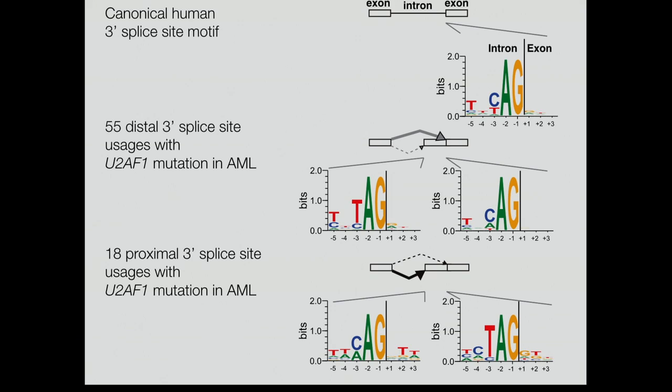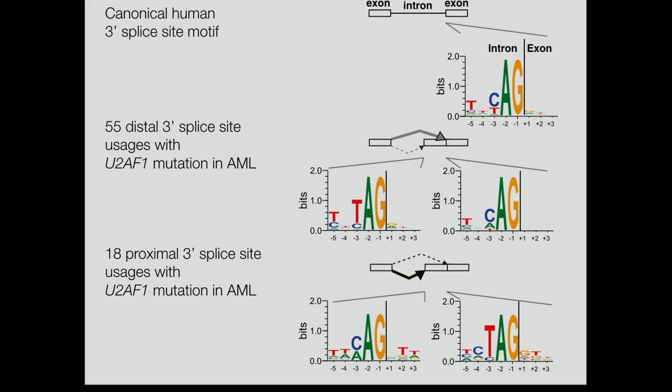When we see skipping of 3' splice sites, the splice site that's avoided has TAG, and when you look at it the other way, when you're preferring a more proximal splice site, again you're avoiding splicing at a TAG. So that's one feature of U2AF1.